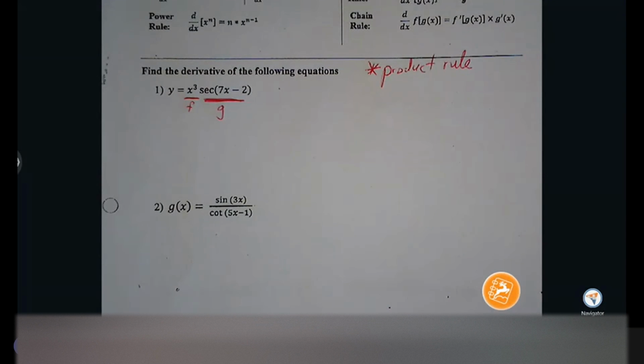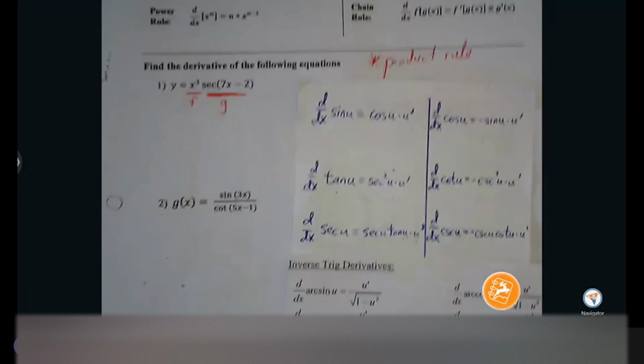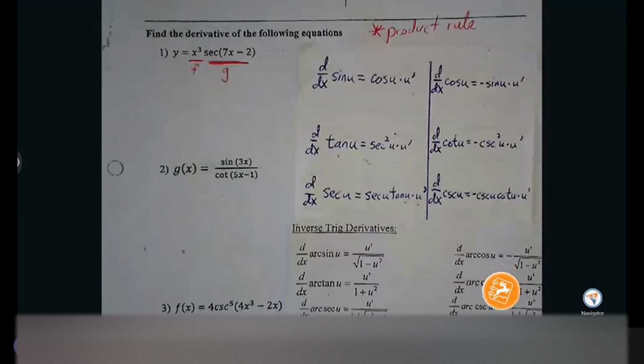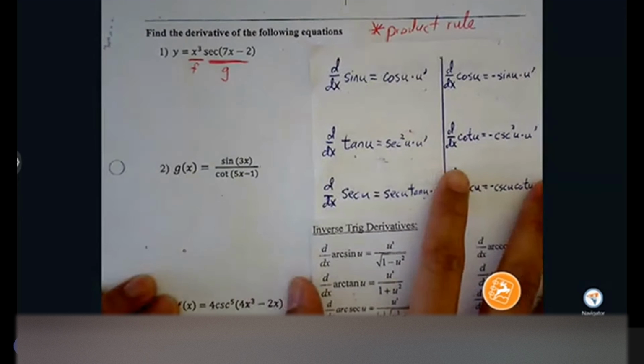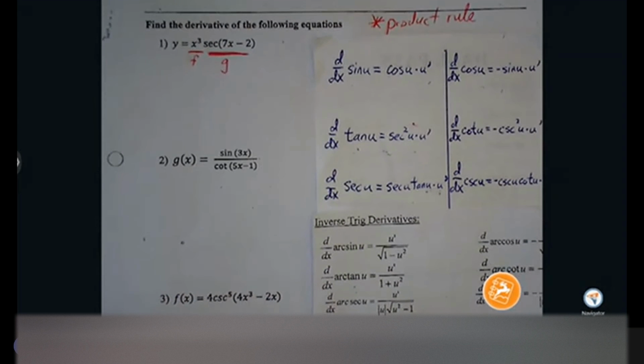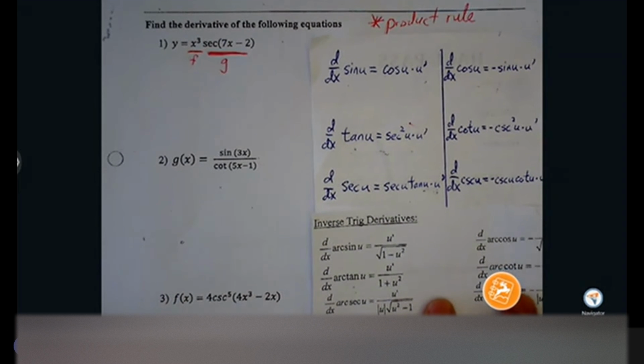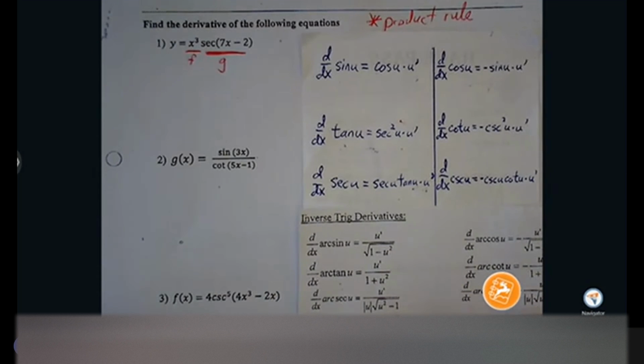Okay, let me display the rules and then have you guys try it. If you get done with one, feel free to move on to the next problem.